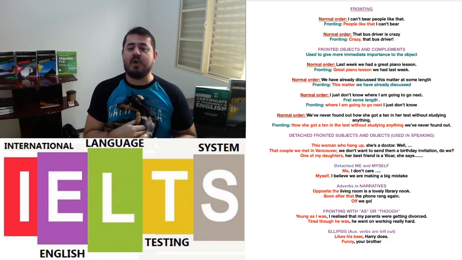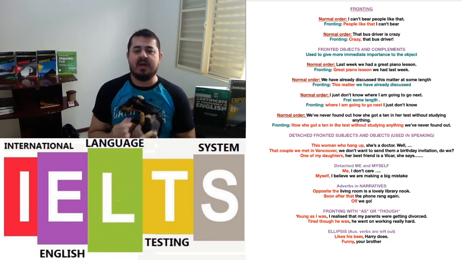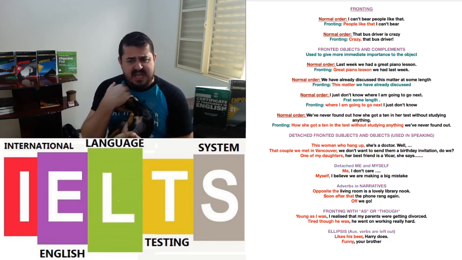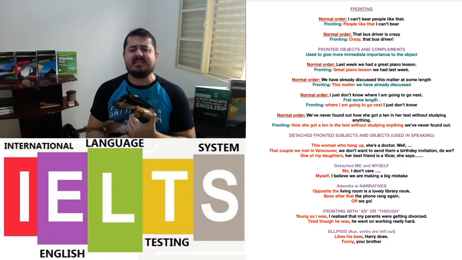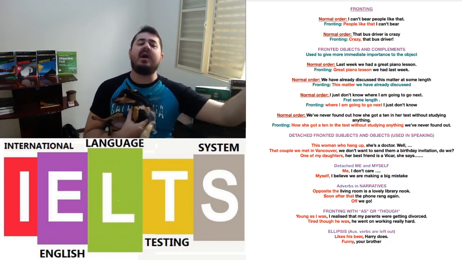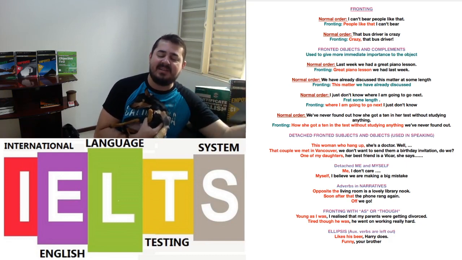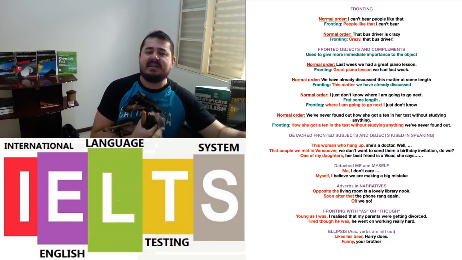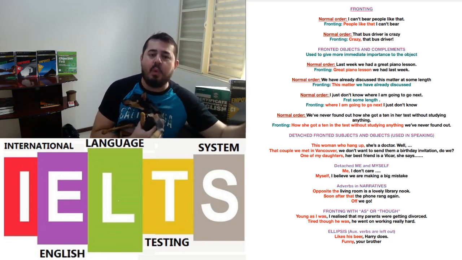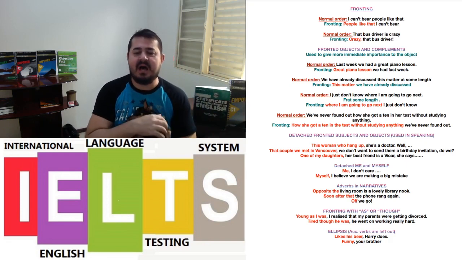Next topic is fronting with as or though. Young as I was, I realized that my parents were getting divorced. So in that case, even though I was very young, I realized that my parents were getting divorced. So it doesn't matter that I was too young. I knew it. I knew what was going on. Alright? Next example.